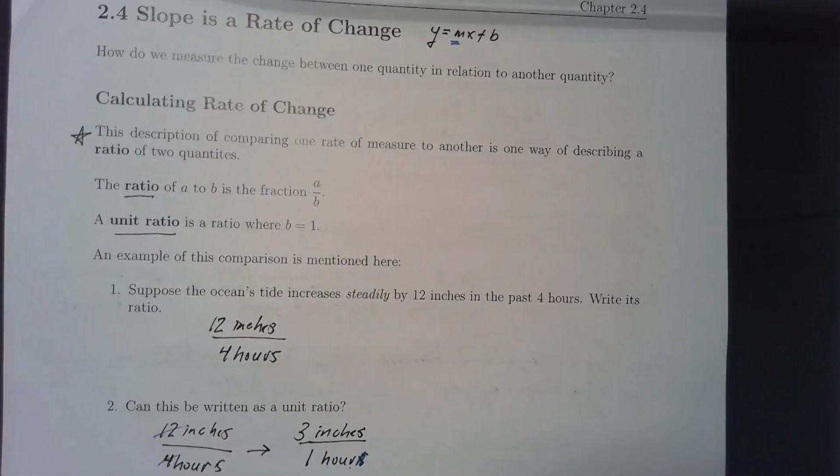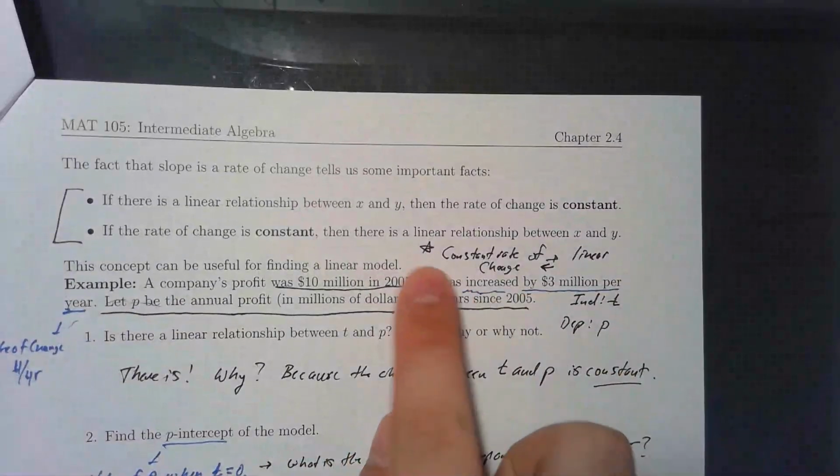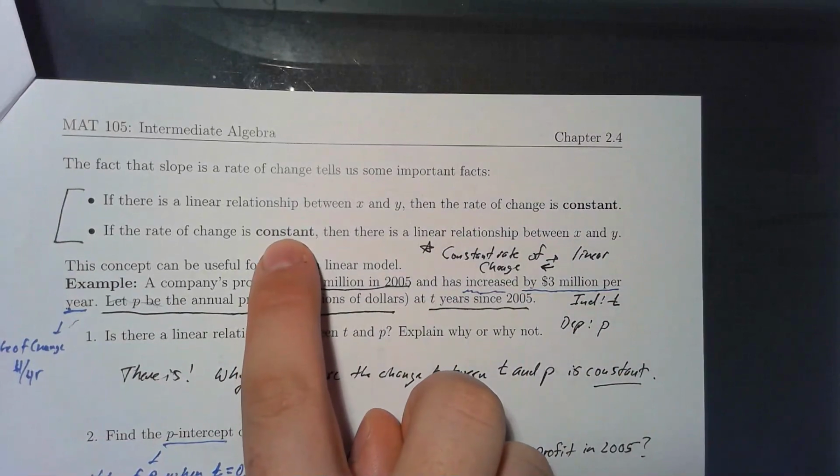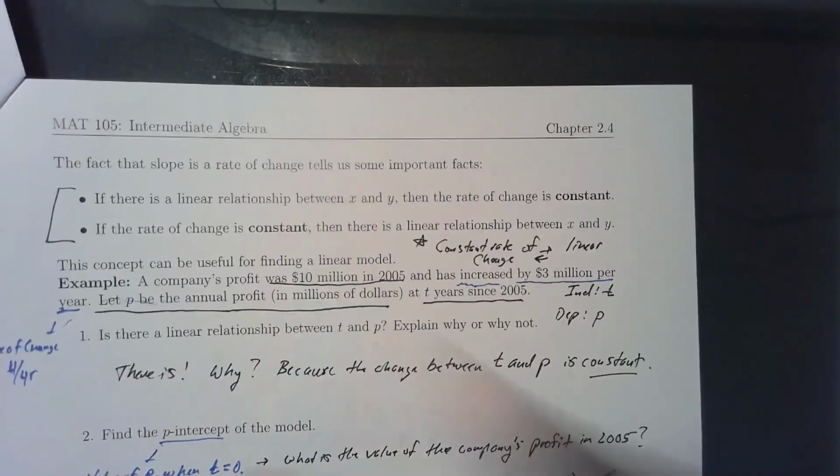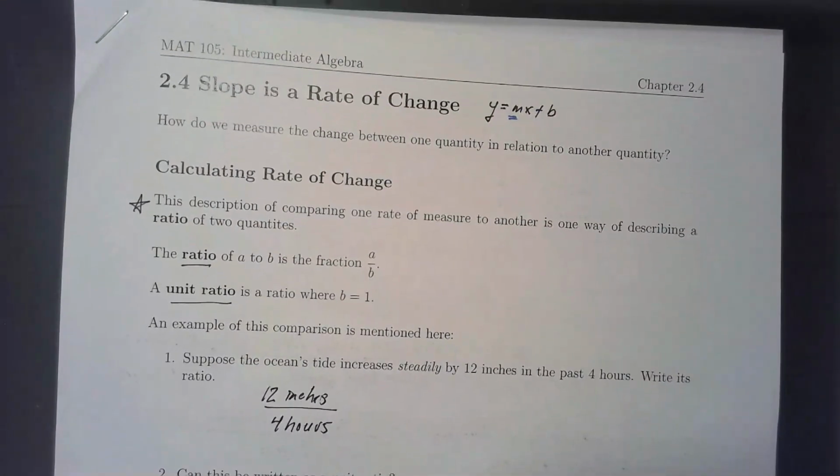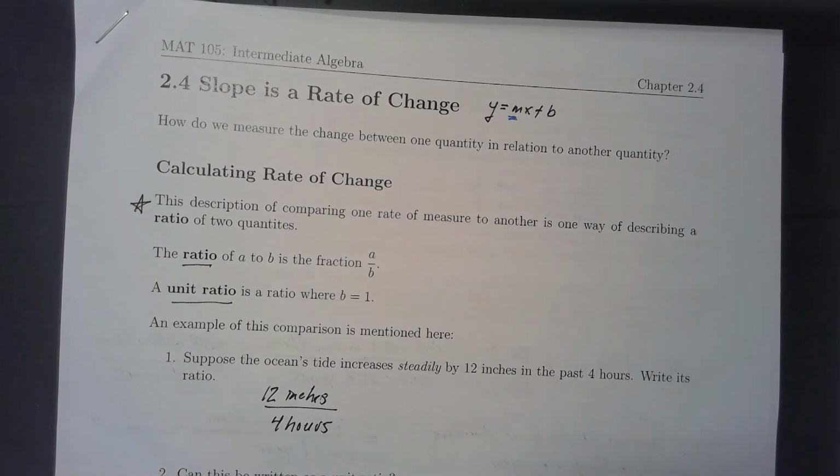To refresh, linear modeling is when you have a constant rate of change. You'll see with other kinds of modeling, like quadratic or exponential modeling, that is not the case.